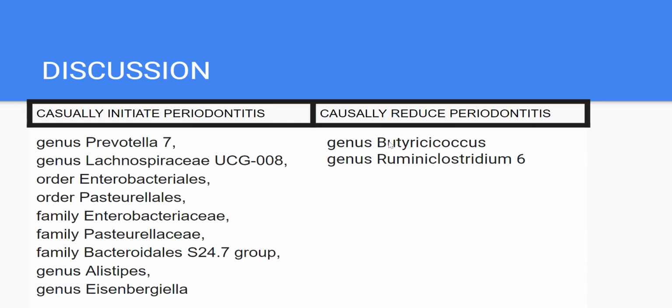And the other two, genus Butyricicoccus and genus Clostridium 6, had a negative effect and causally reduce periodontitis.